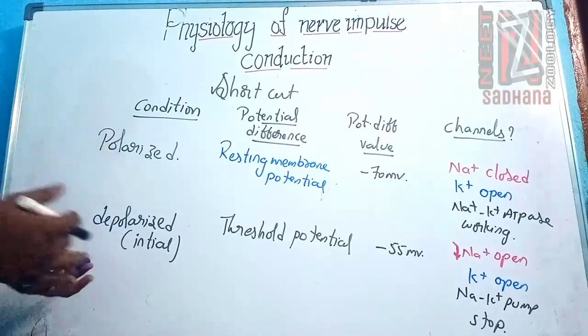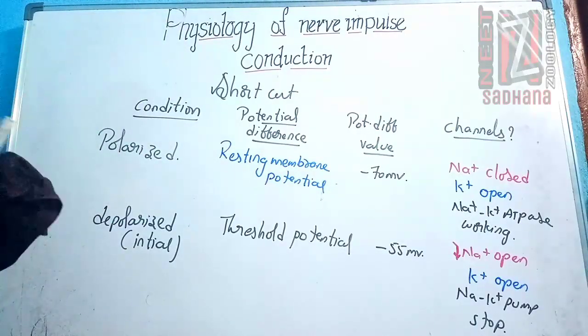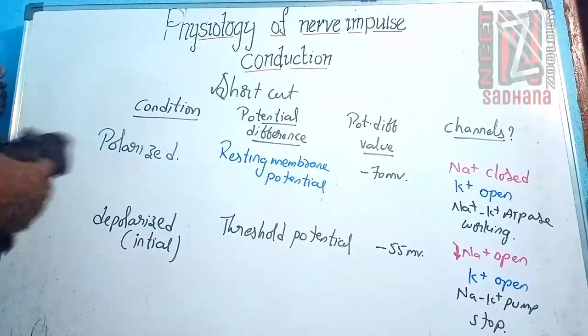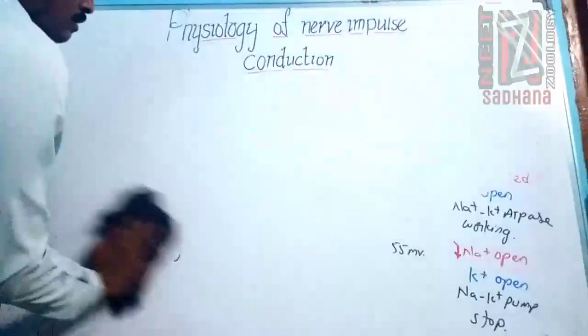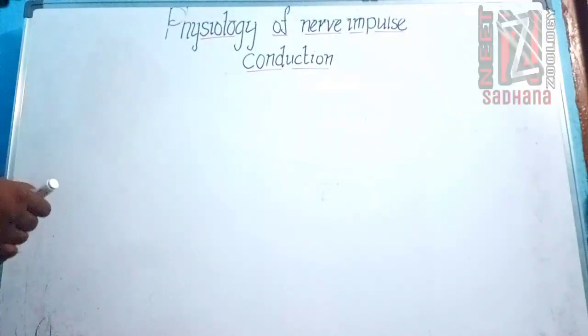Now we will see what happens next, that is depolarization at the final stages, at the peak stage. I hope this is clear. Okay, so we will continue. We have got two things there: one is the repolarization, and the other one is the depolarization starting stage.